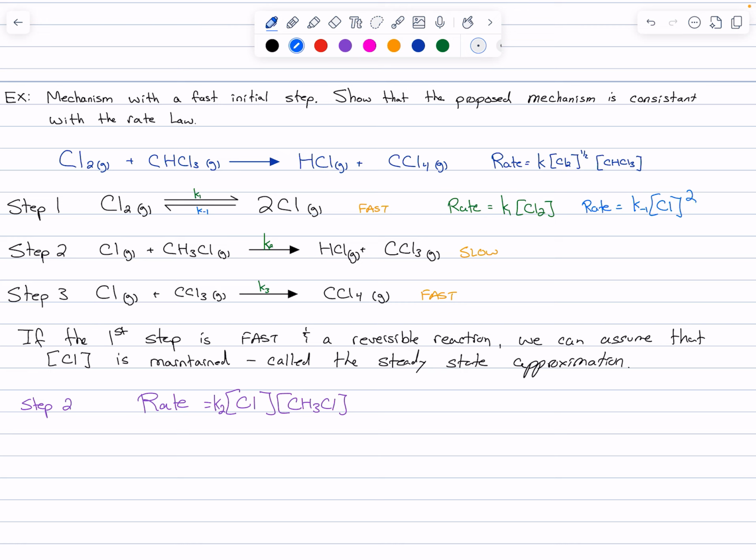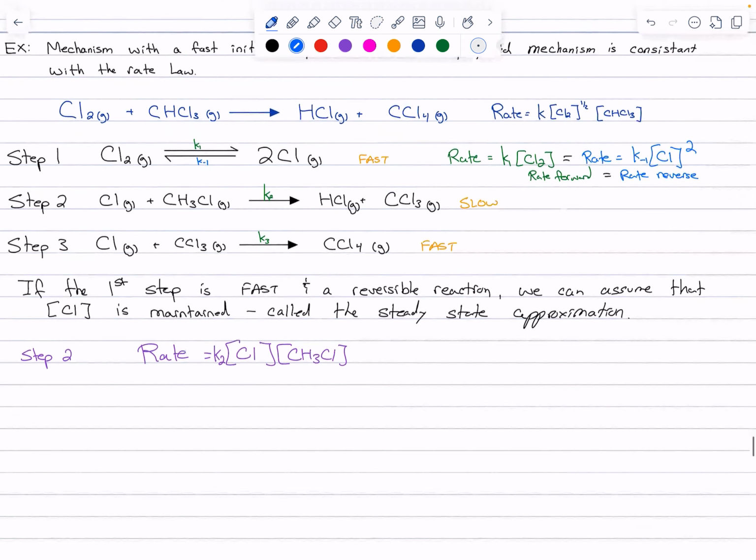And we're going to say at equilibrium, these equal each other, because the rate forward equals the rate reverse, or the rate back.